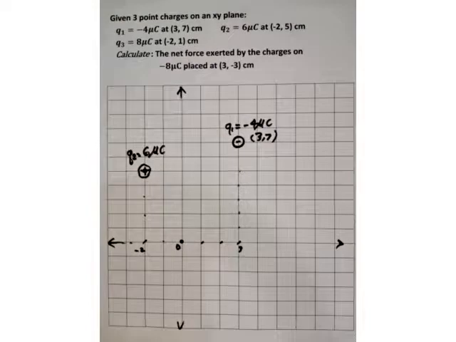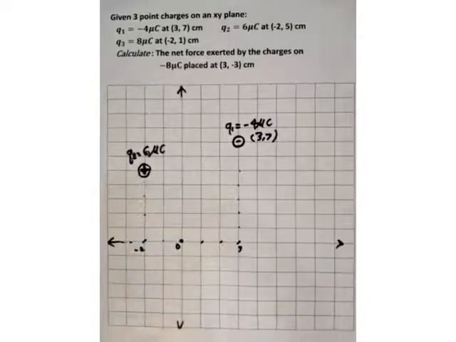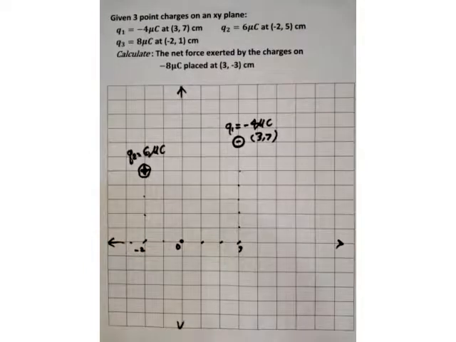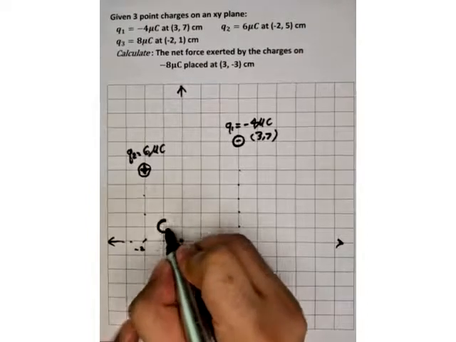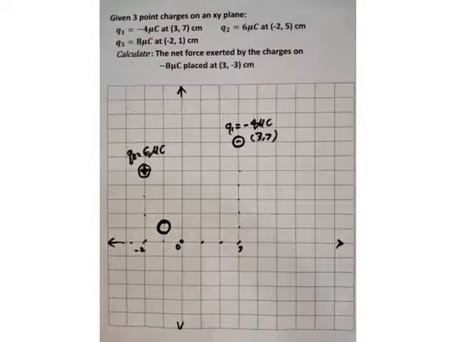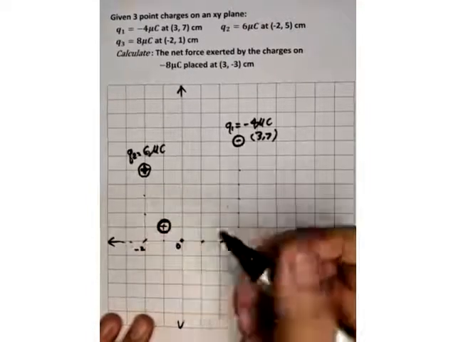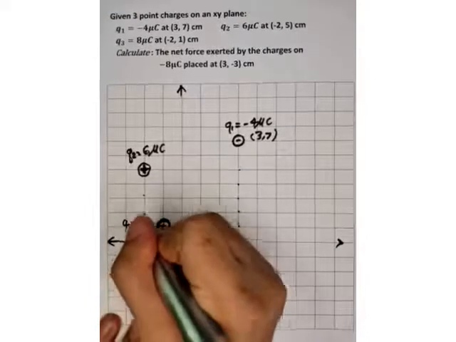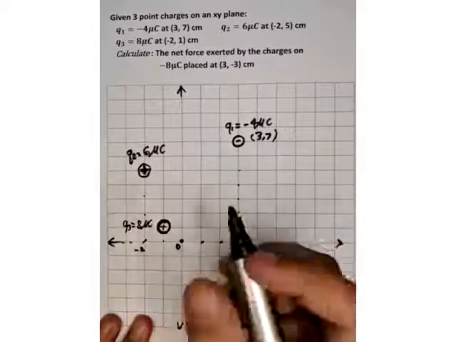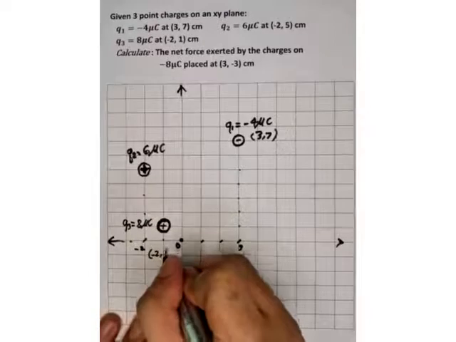Okay, next. Ang Q3 natin ay positive. Ang Q3 natin ay nasa negative 2, positive 1. So nandito yung ating Q3 na positive charge din. Ang Q3 natin ay 8 microcoulomb at ang coordinates niya ay negative 2, 1.